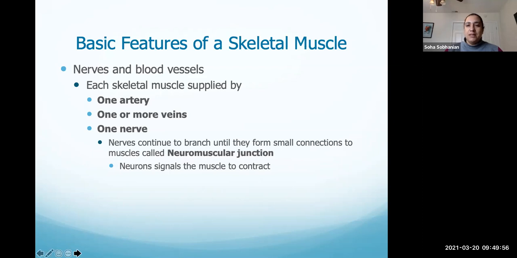Every single muscle you have in your body has an innervation, which basically means they are connected directly to your nervous system. The point of connection between the muscle cells, individual muscle cells we're talking about, and your nervous system is called the neuromuscular junction.